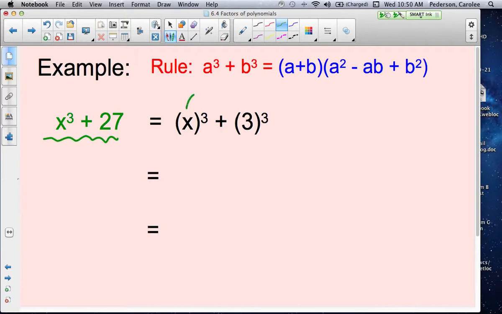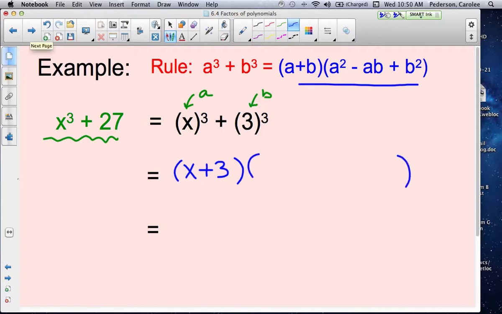So this is my a, and there is my b, and I throw it into the blue rule right here. The first parenthesis is a plus b, or x plus 3. Then the second parenthesis is going to be x squared minus x times 3 plus 3 squared.